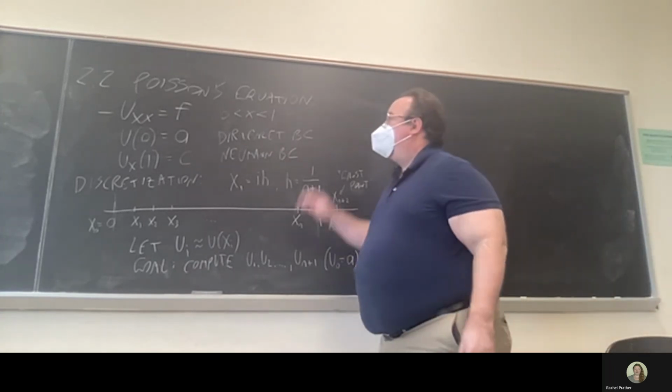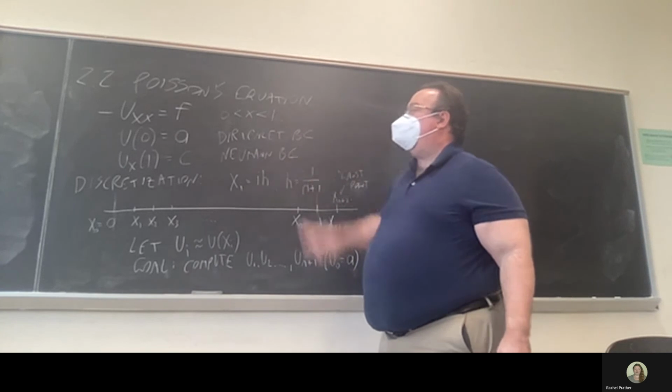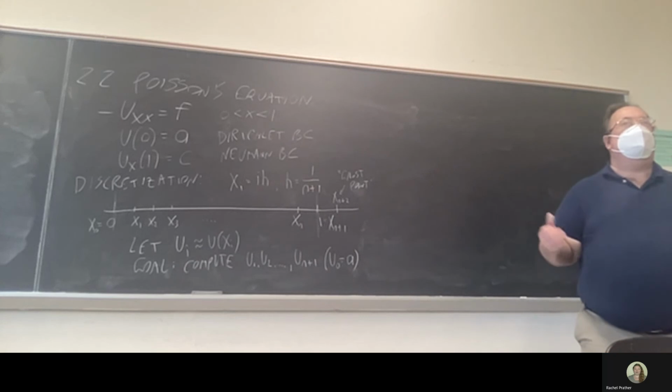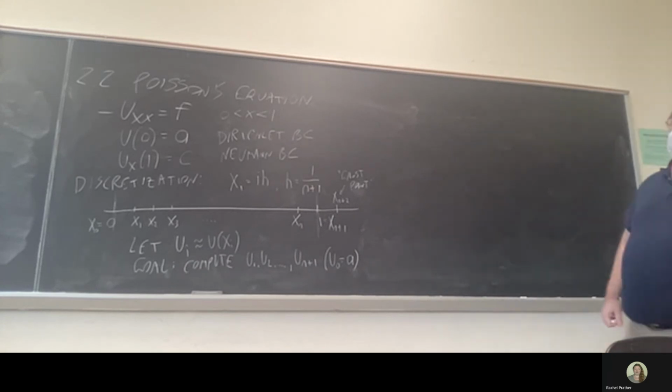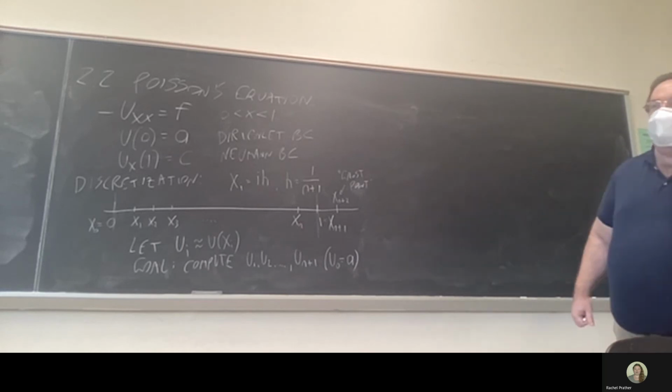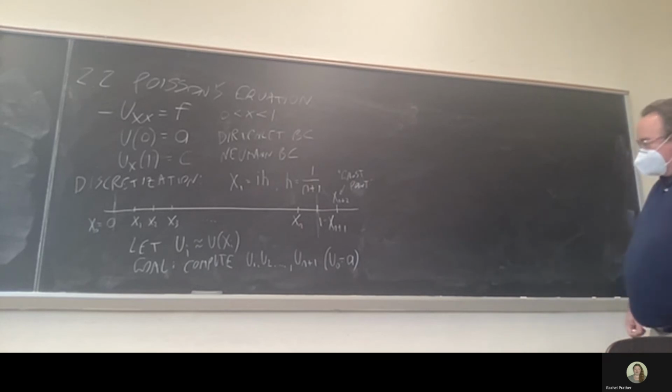So, in other words, we're going to go from this PDE to a system of linear equations, an Ax equals b problem. And we know how to solve that. You're all in 610. Well, didn't even need 610. It's a lower level thing. Okay, so how are we going to get those equations?